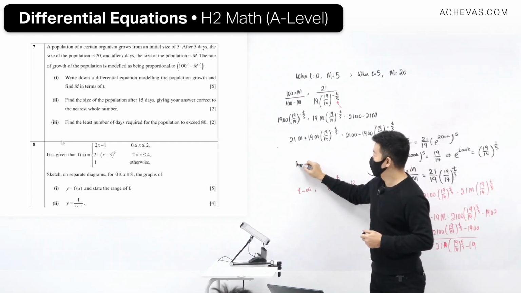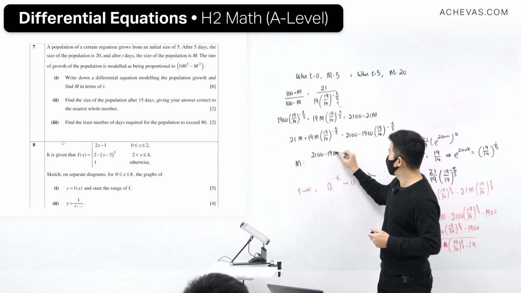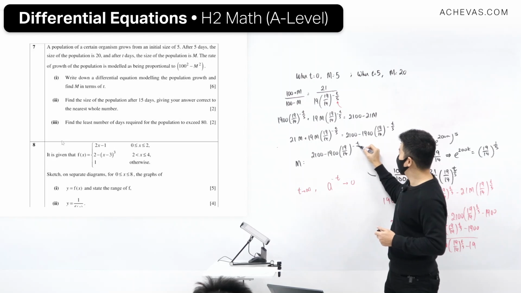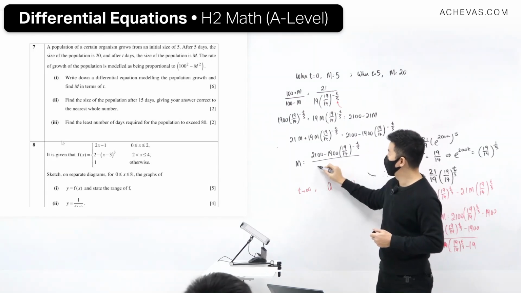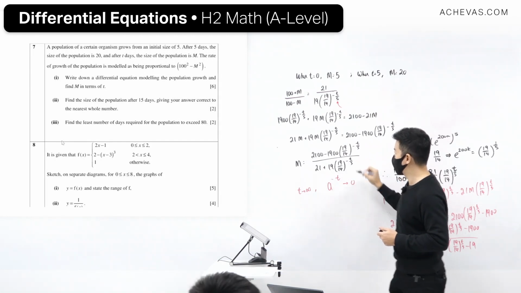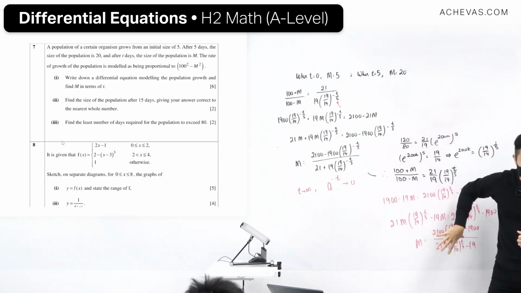So what is m? m is going to be equal to 2100 minus 1900, 19 over 14 to the power of negative t over 5, divided by 21 plus 19, 19 over 14 to the power of negative t over 5. So I'm going to go for this instead of this if the question didn't say much.